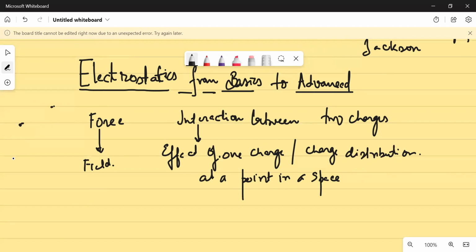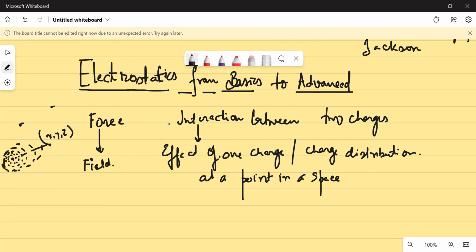But instead, let us say this is my charge q, and as soon as it is placed, it propagates some kind of field in the space, so there would be some value at some point x, y, z. If I take a charge distribution at a point in space, then this quantity is called the field, not force, but field.